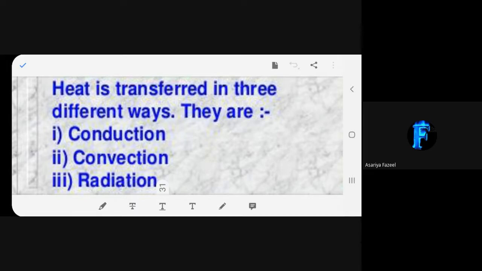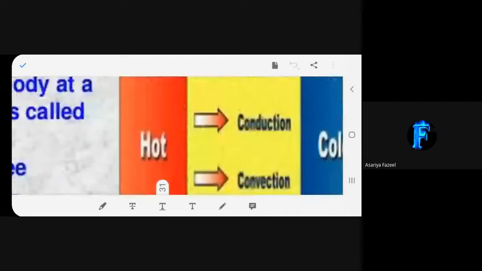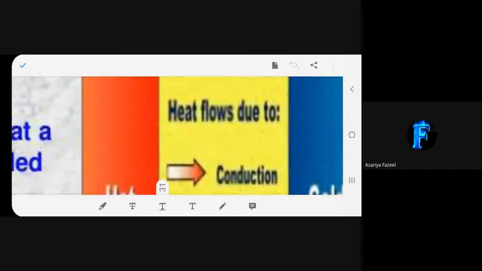Conduction, what should come to your mind? Solid. Convection? Liquid. Radiation? Gas. I repeat: conduction, solid; convection, liquid; radiation, gaseous. Is it clear?